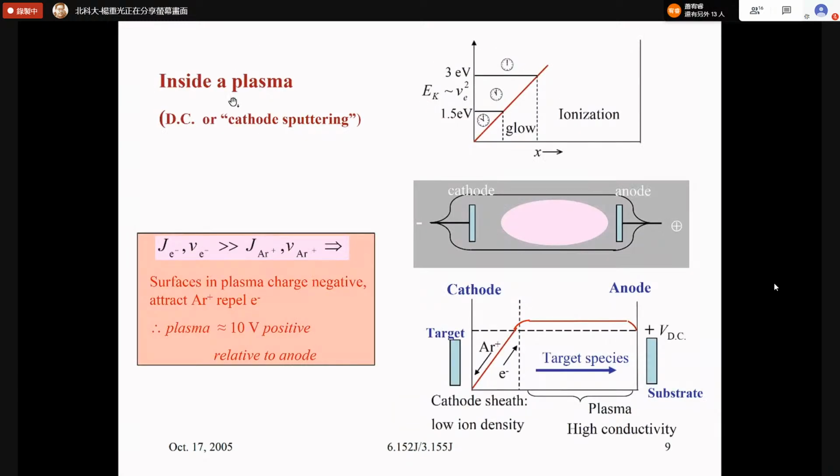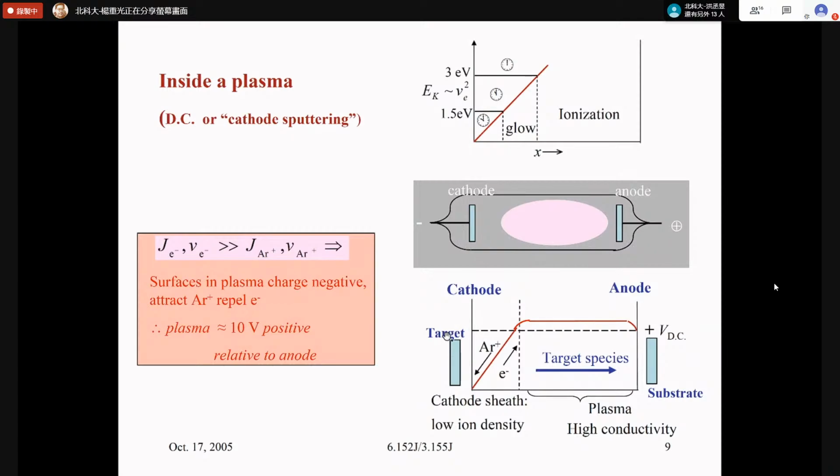So what is going on inside the plasma? This is a cathode, and this is an anode, and we are using argon that collides on the cathode.